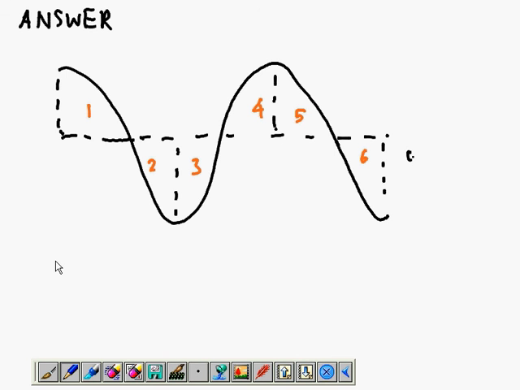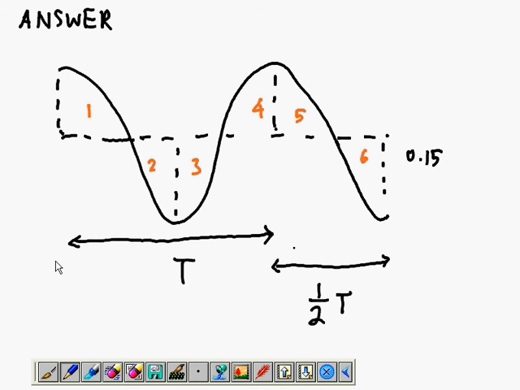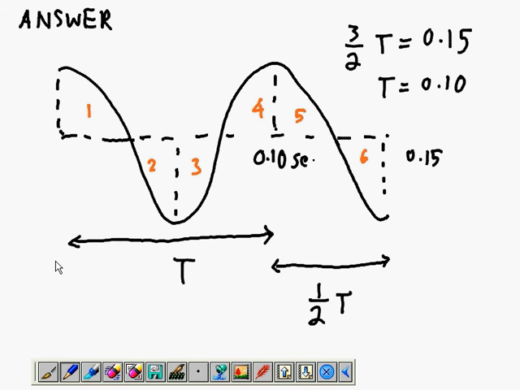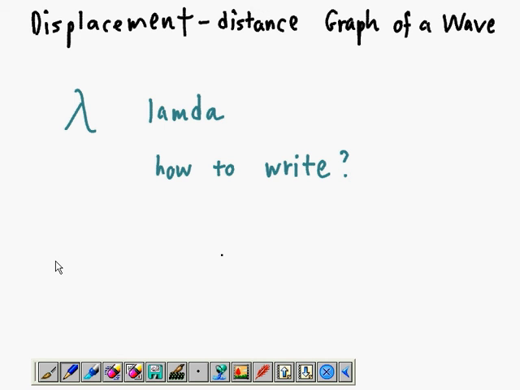So 1 to 4 represents one period T, and 5 and 6 is another half of the period. So T plus half T is 3 over 2 T, which equals 0.15 second. So the period is 0.10 second. And this is how you get 3 over 2 T. Lambda, displacement-distance graph. How to write it? Like a Chinese word, you just follow.